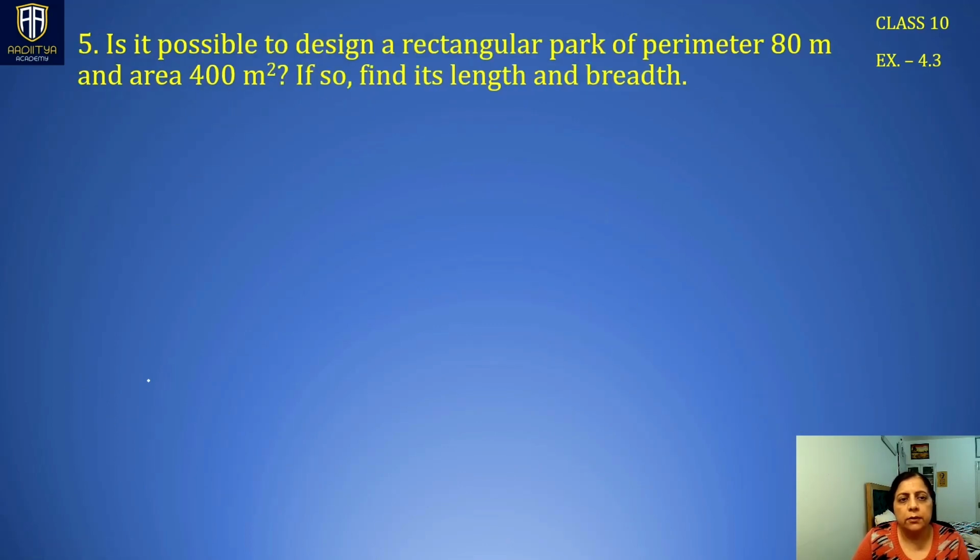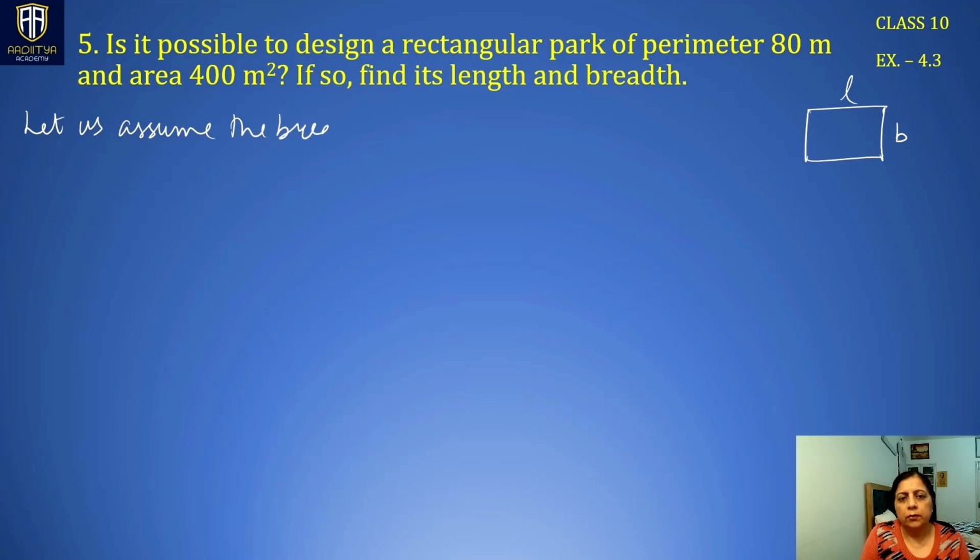And the last question is: is it possible to design a rectangular park of perimeter 80 meters and area 400 meters square? So this is a rectangle in which length is L, breadth is B. Let us assume the breadth of park B is equal to X meters, right?